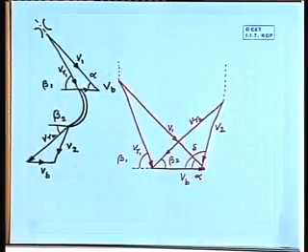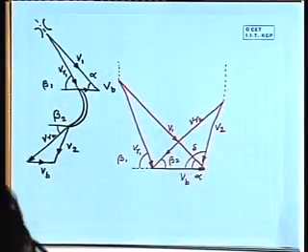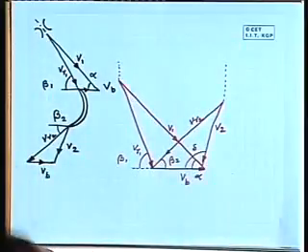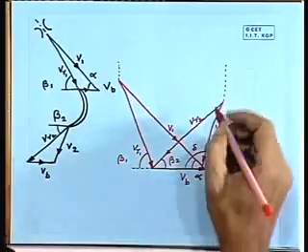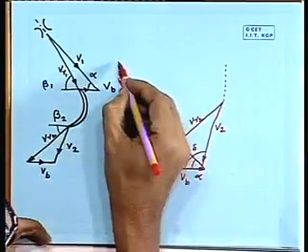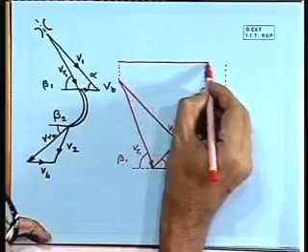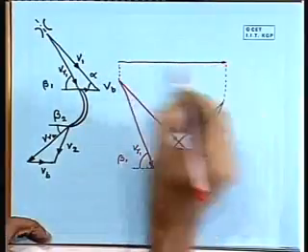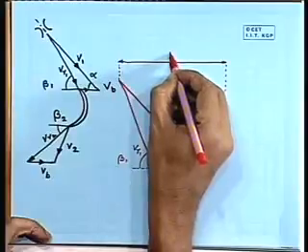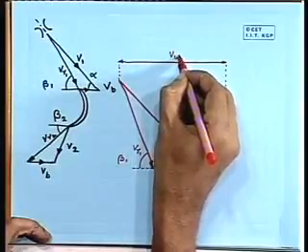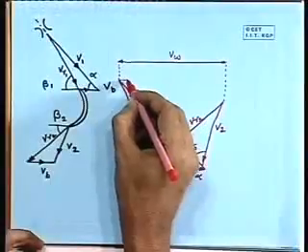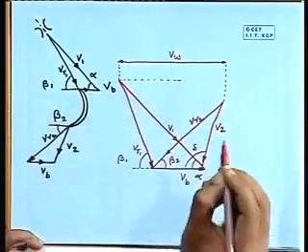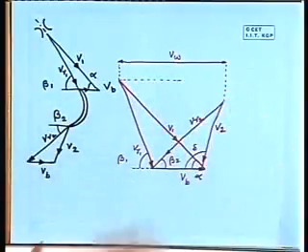If I project vertical lines from the apex of these two velocity triangles and join them, the quantity which I get is denoted as V omega. This is known as the whirl component of velocity. And again, this can be divided into two parts.